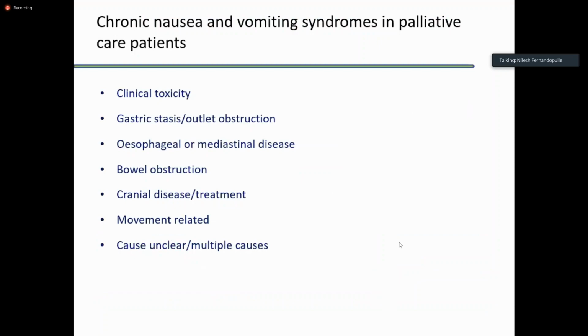And when we talk about nausea and vomiting, we always try to categorize into different syndromes. You can use this in general practice with normal patients, or particularly for palliative care patients also, because it gives us a pattern recognition of patient symptoms and helps us target what treatment should be best for that patient.